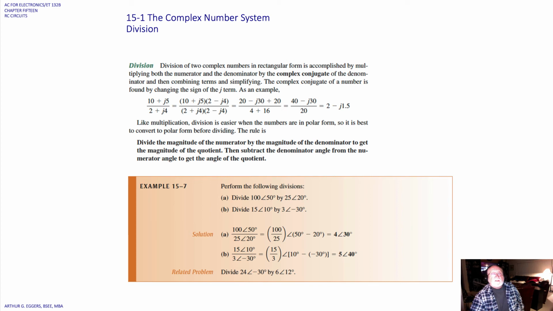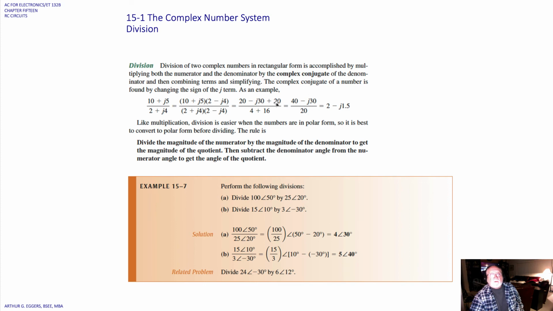Lastly, we look at division. Division of two complex numbers in rectangular form is accomplished by multiplying both the numerator and the denominator by something called the complex conjugate. Again, I recommend you go and look at my ET132B descriptions on this, because in the math class there were more examples.